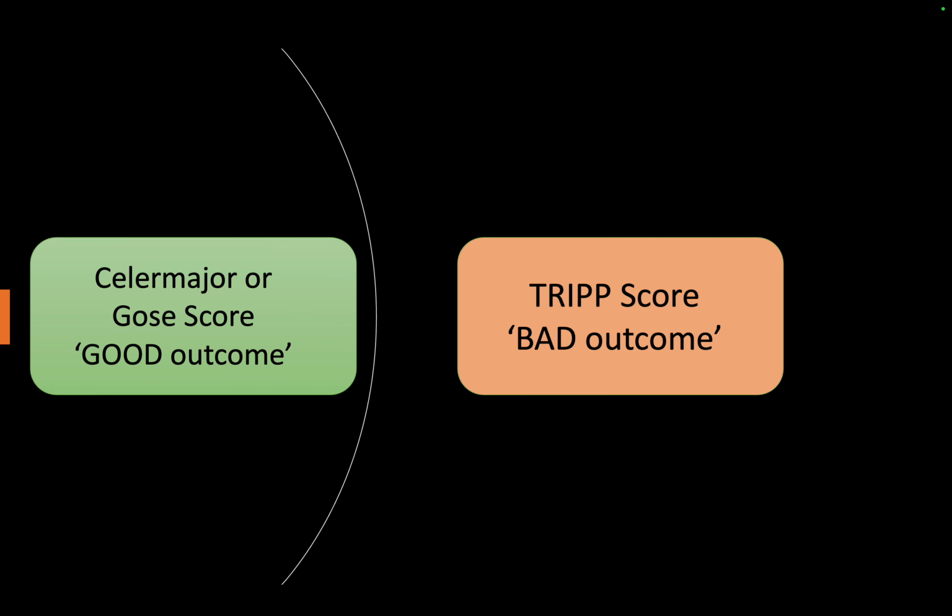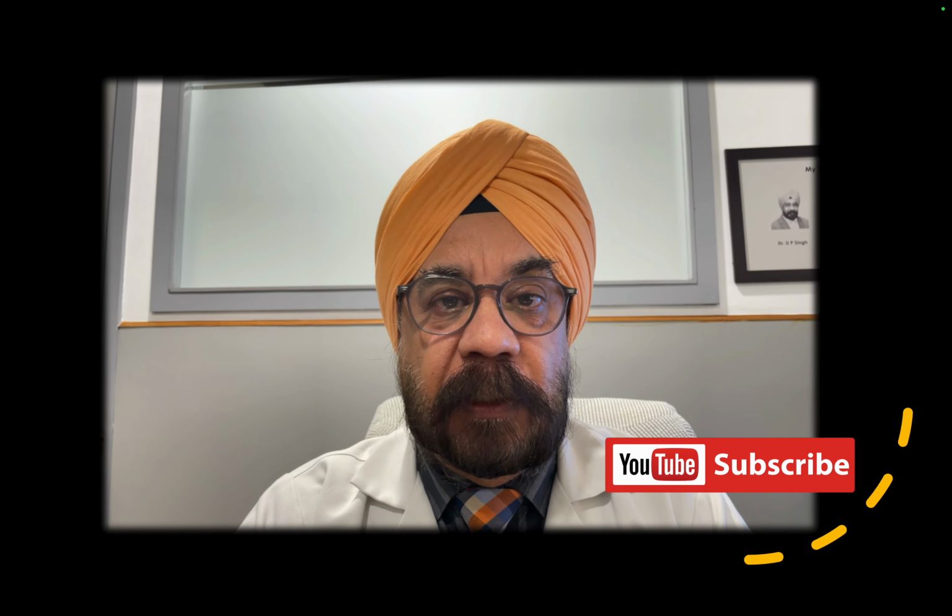So I suggest all of you to please move to this TRIPP score. It is not very difficult to perform, because you can take a TR velocity, you can do a Tei index of the LV, and you can see the flow across the pulmonary valve and the ductal flow reversal. If you have all four, put them together into the TRIPP score, which is better for prognostication than our previous GOSE score.